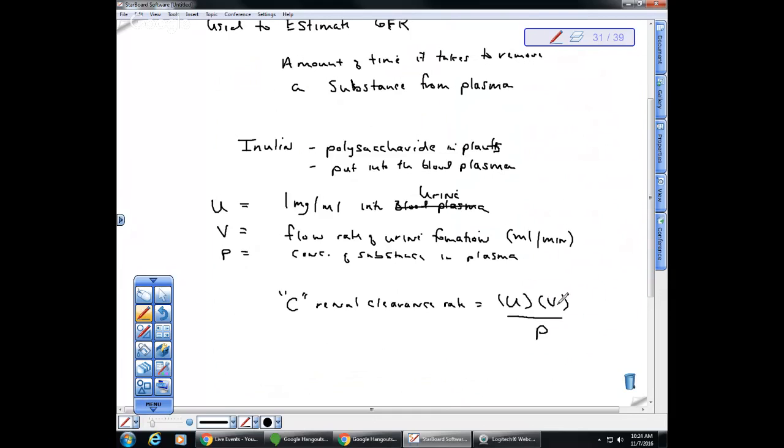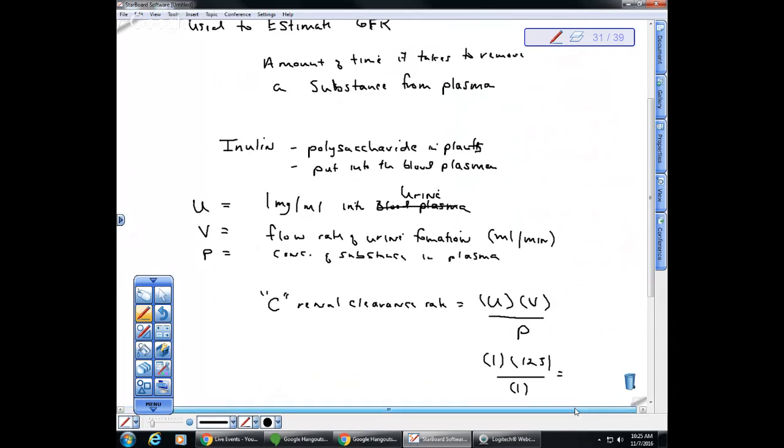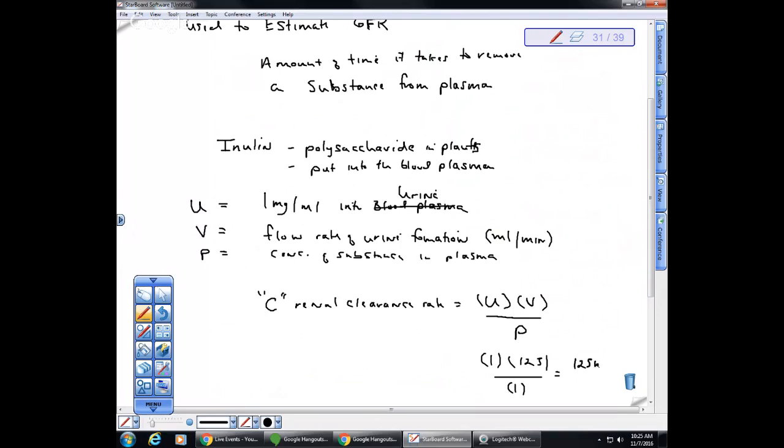If you plug in those values, using this 1 milligram, the volume flow rate would be 1 times 125 divided by 1, which would equal 125 milliliters per minute. This is just an example.